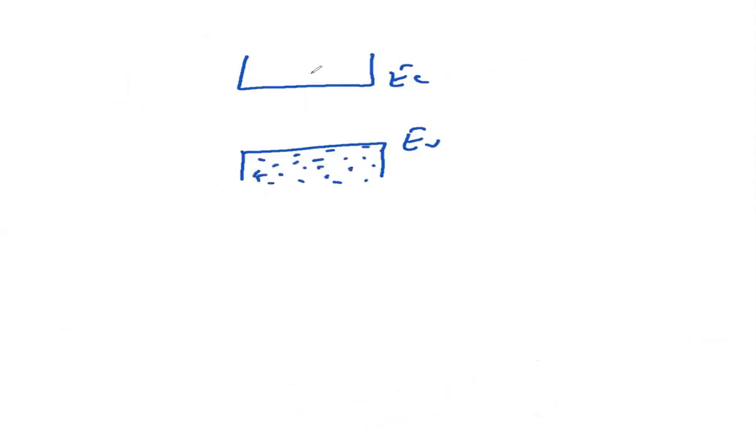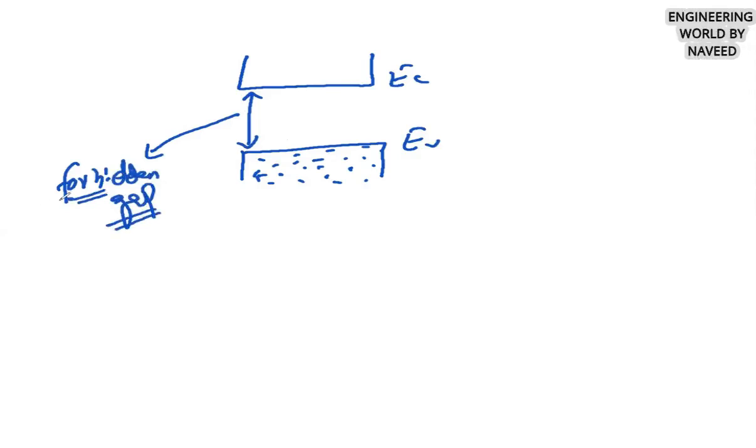If there is no electron present in the conduction band, then we say that this object is an insulator. So in an insulator, there is a huge forbidden gap. This forbidden gap brings the differentiation between conductor, insulator, and semiconductor.